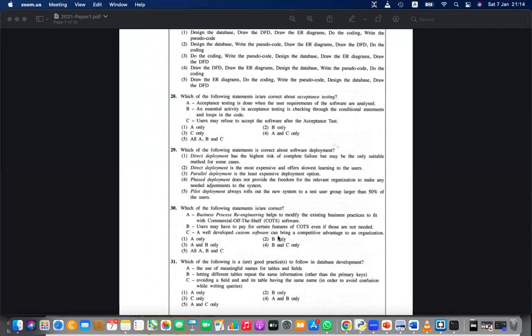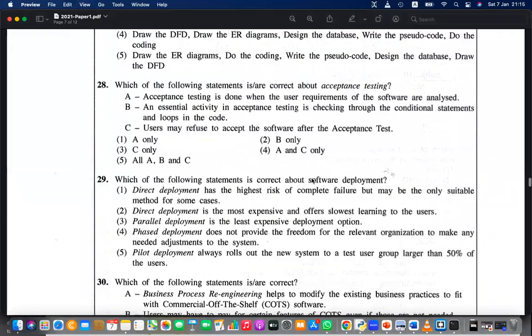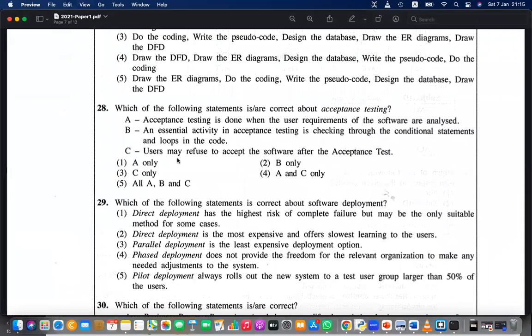Then an essential activity in acceptance testing is checking through the conditional statements and loops in the code. Those checks are done in unit testing. Users may refuse to accept the software after the acceptance test. Oh, they can refuse. A and C both can be taken as the answers.